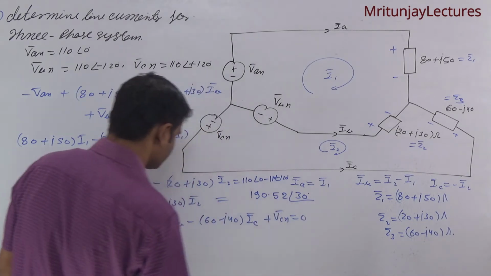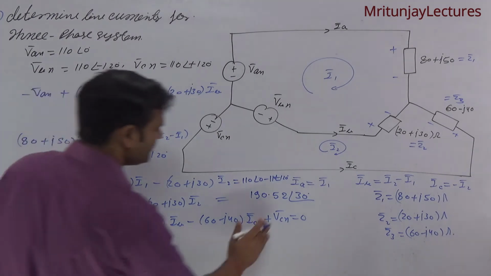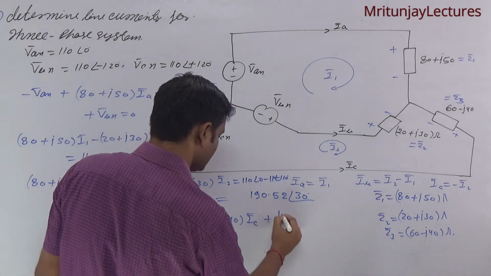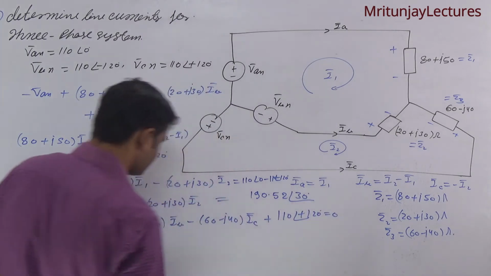This will be equal to 0. And what about VCN? VCN is 110 at the angle plus 120.